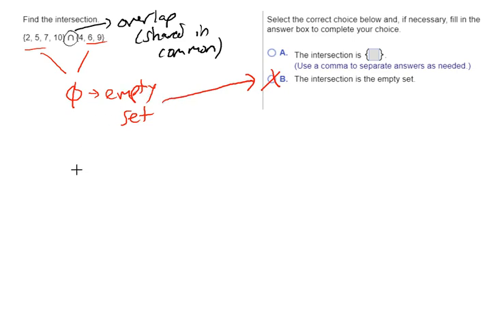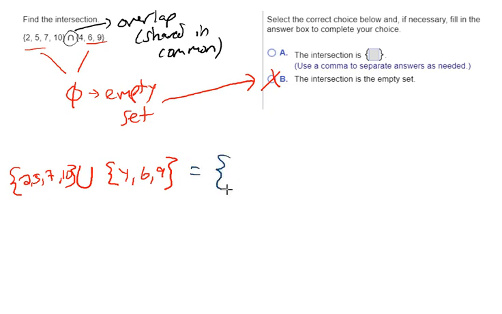The other problem you might see in this slot is the union problem. And if this was a union, let's go ahead and just do the same problem with a union. So this is the first set, this is the second set. A union means you want to join everything together. So you don't look for what they share in common, you just keep everything that's there, right? And you join it together into one set.